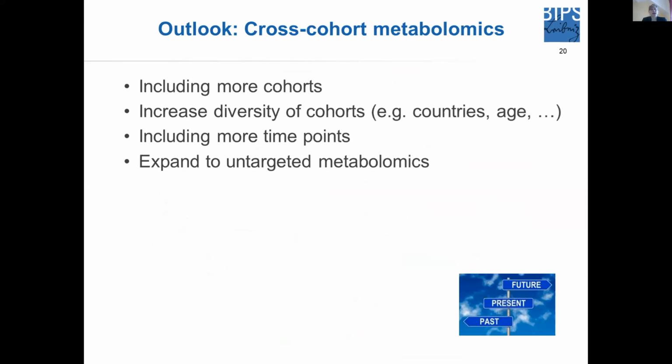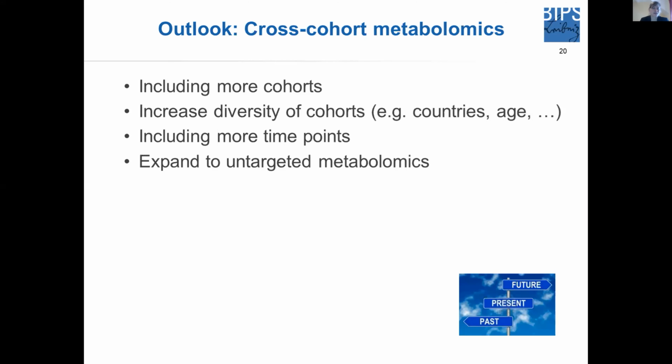So what is now the outlook for future cross-cohort metabolomic studies? Well, it would be great to include more cohorts, also to increase the diversity of the cohorts. So this study was just done in German cohorts, but you could go, for example, for Europe, also for Asian or globally. Also, the age range could be increased.